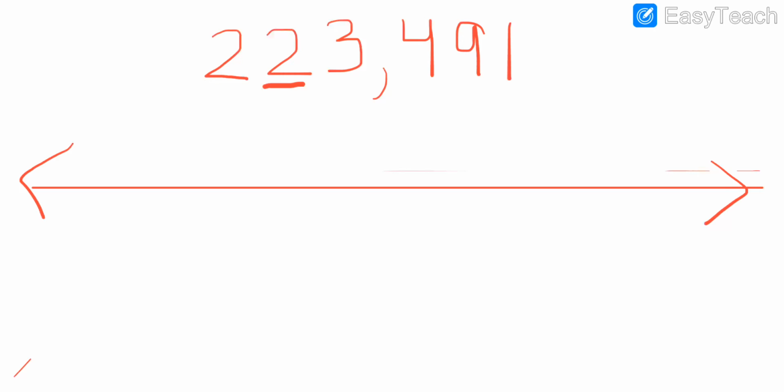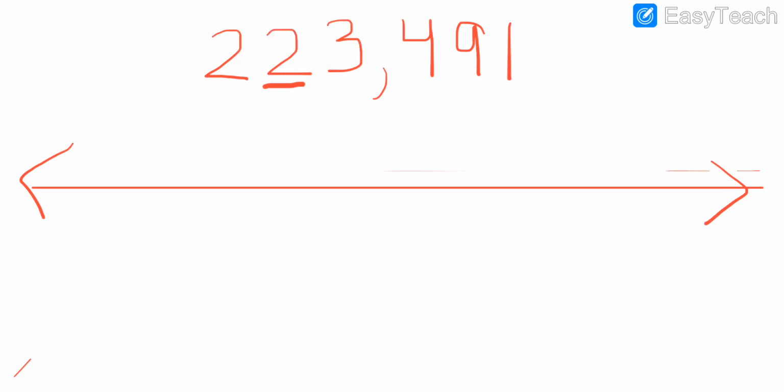And I know that the 2 is in there right now, so it's either going to stay at 20,000, or it could round up to the next highest 10,000s place, which would be 30,000. So I'm going to make sure that I'm focusing on that 10,000s place.